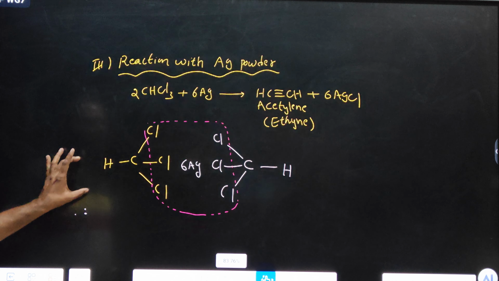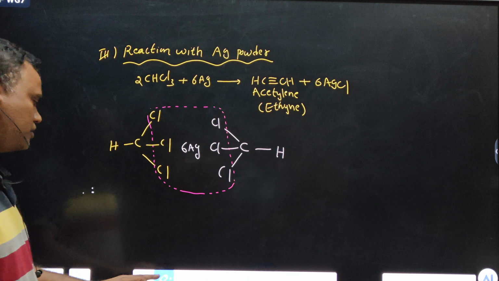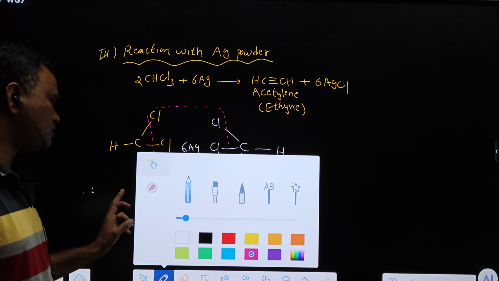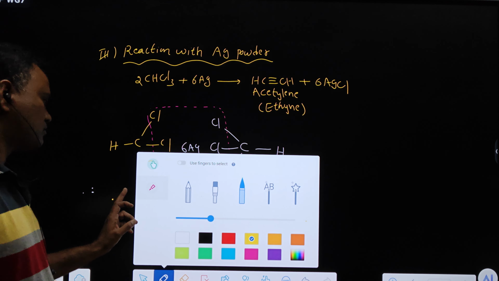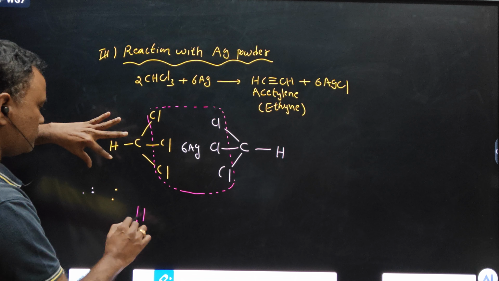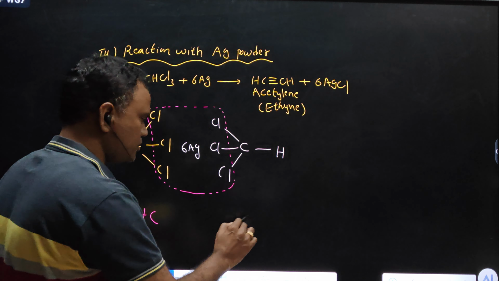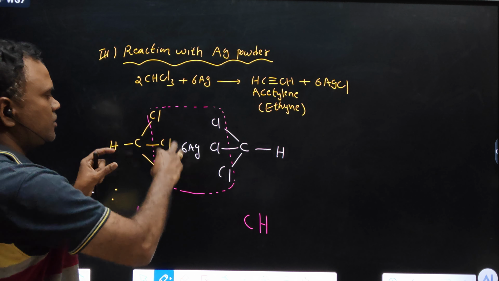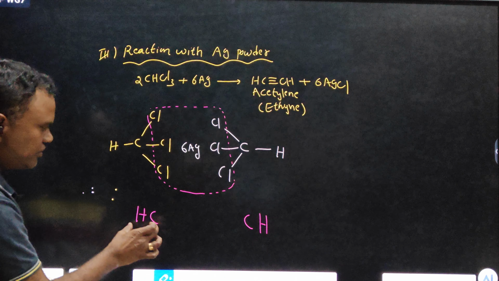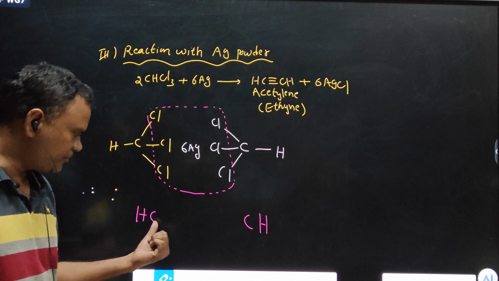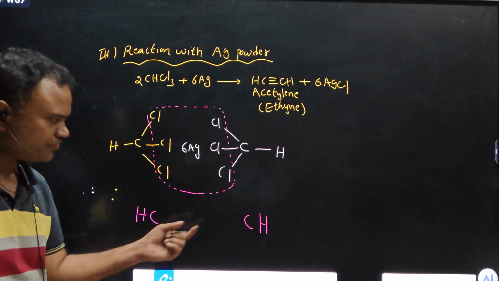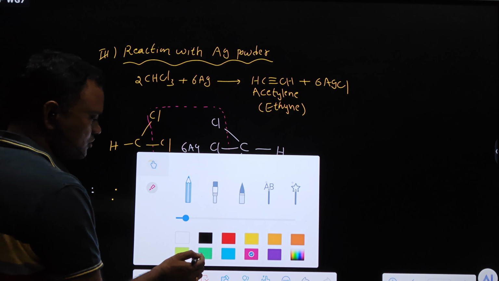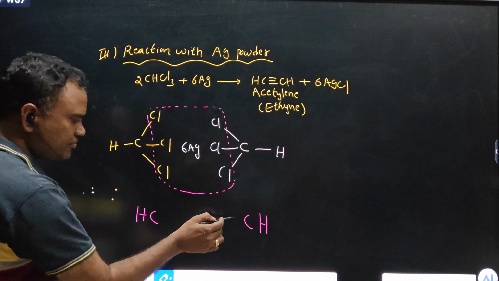After removal of 6 AgCl, what is the remaining part? One CH here, and one CH here. This carbon is connected to 1 hydrogen, and this carbon is also connected to 1 hydrogen. But we know carbon valence is 4, so we have to keep 3 bonds.